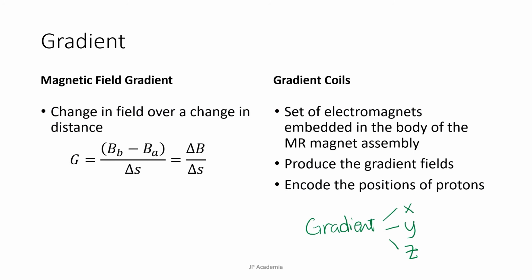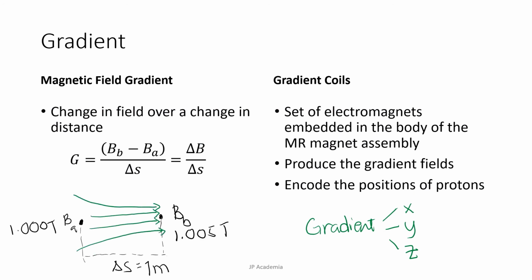Next, you will usually hear the term gradient when talking about MR imaging. It can refer to these two gradients in MRI. First, the magnetic field gradient, and second, the gradient coils. A magnetic field gradient refers to the variation in magnetic field magnitude or direction between 2 points, as shown in the drawing.